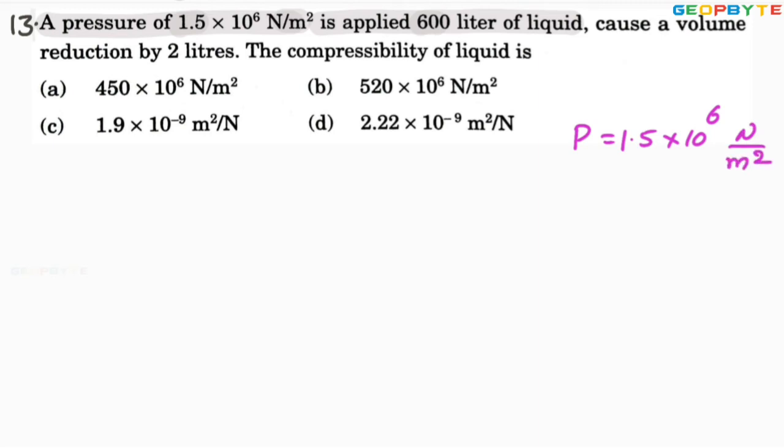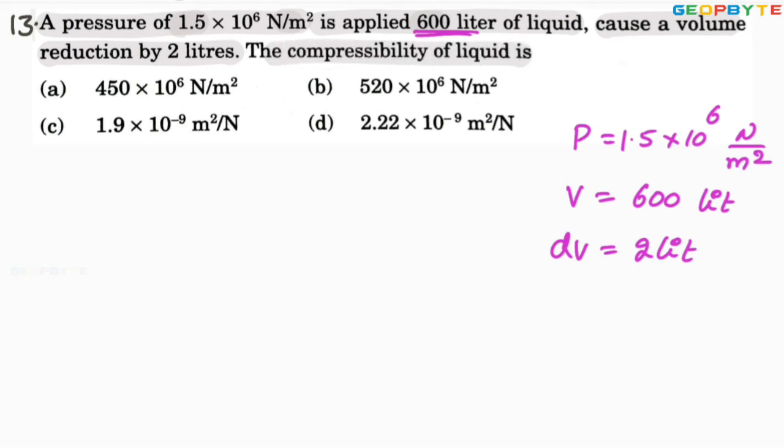The initial volume V equal to 600 liters. It causes a volume reduction, meaning the change in volume is directly given as 2 liters. The compressibility of liquid, you know, compressibility is the reciprocal of the bulk modulus.